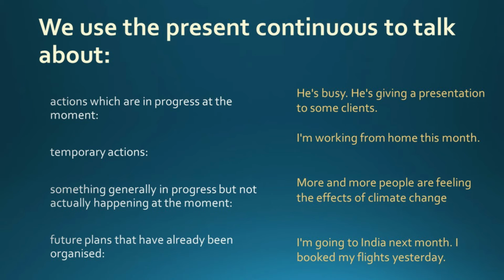We have made a separate video on it. You can go and watch present continuous tense for future activities. So this is another use of the tense: future plans that have already been organized. For example, I'm going to India next month. I booked my flights yesterday.